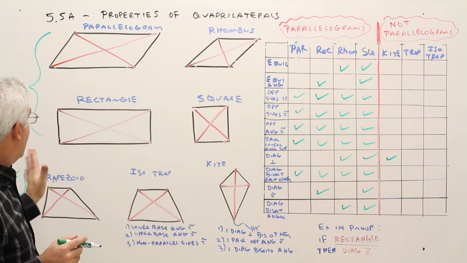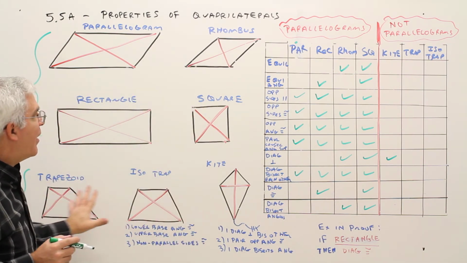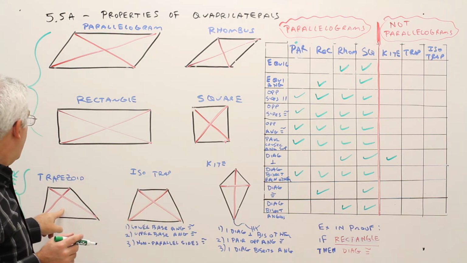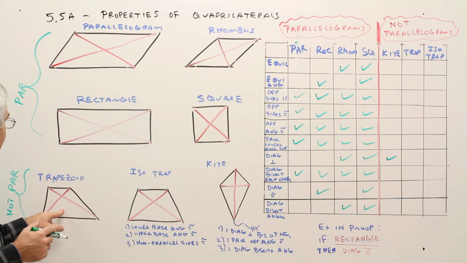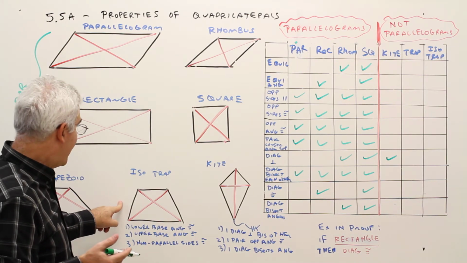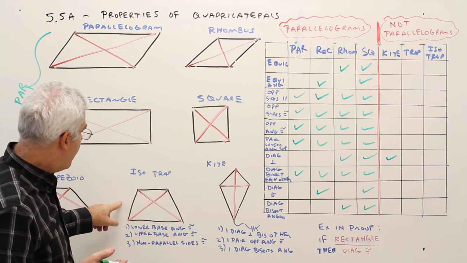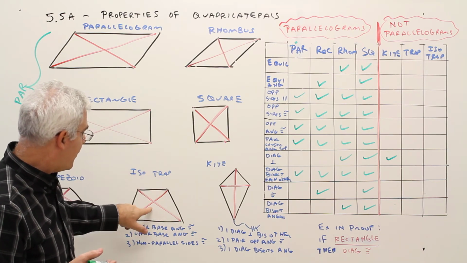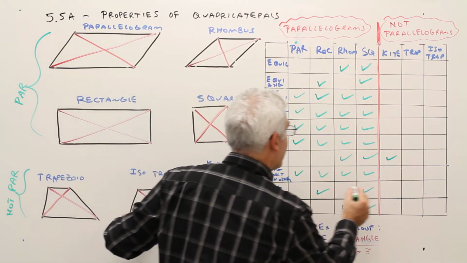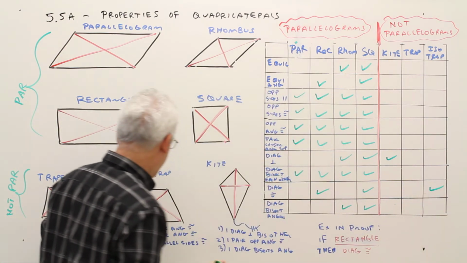Now let's focus our attention on these over here. So trapezoid, I don't think there's anything special going on there. Isosceles trapezoid, it does appear as though those diagonals are congruent. So I will mention that for isosceles trapezoid.